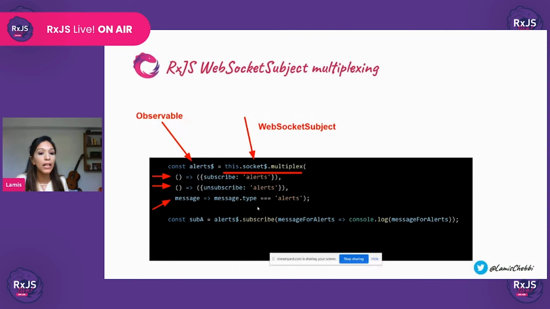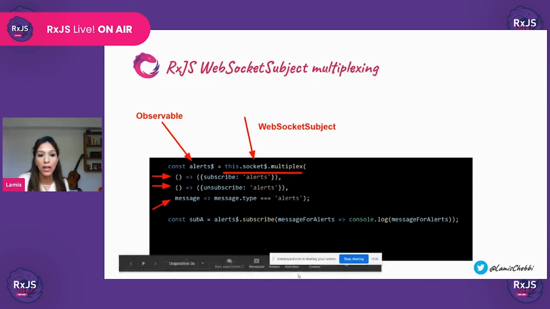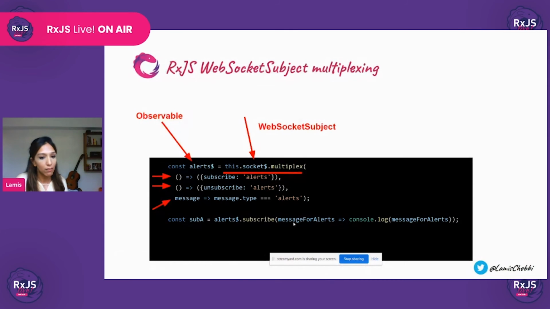This is just an example. When you subscribe, this message will be sent to the server. So it's like a hint to the server to say that this component is subscribing, so please give me the data of alerts. For the unsubscription, it says please stop listening, stop routing events. And you can handle the types in your backend. And yeah, that's it for the multiplexing.